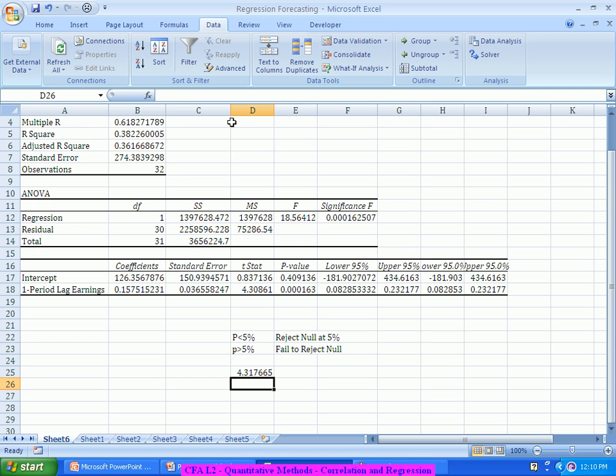Now your calculated value is 4.3. It is lying within that interval. If it is lying within that interval, you have to go with accepting the null hypothesis or failing to reject your null hypothesis. Whereas when you are going with 5%, you are actually checking the t value corresponding to 5% level of significance on 31 degrees of freedom, which will probably be 2 point something. Whereas your calculated value is 4 point something, which is lying outside.